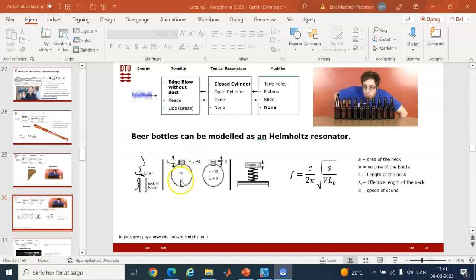And here is a cavity, volume V, with atmospheric pressure PA. Something is going on here. There's a small x here.